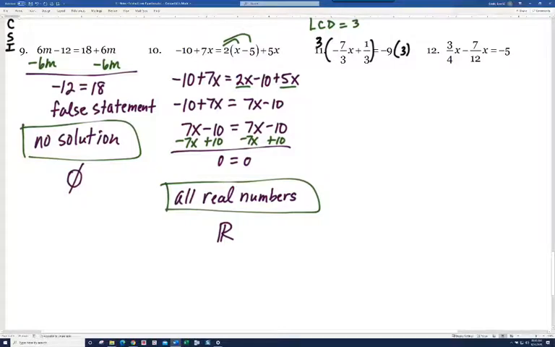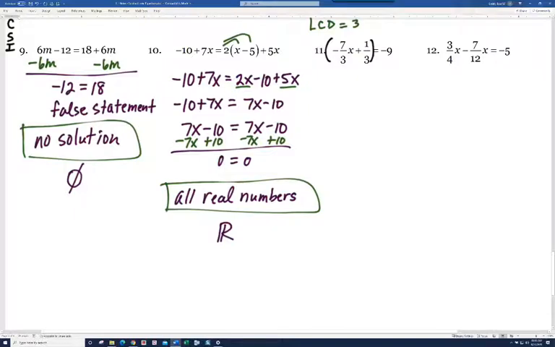But keep in mind there's two terms on the left, so we're going to have to multiply 3 times each of those terms. All right, and so that's basically what we're doing. When we do this, when we clear fractions, we're going to end up multiplying each term by the LCD.